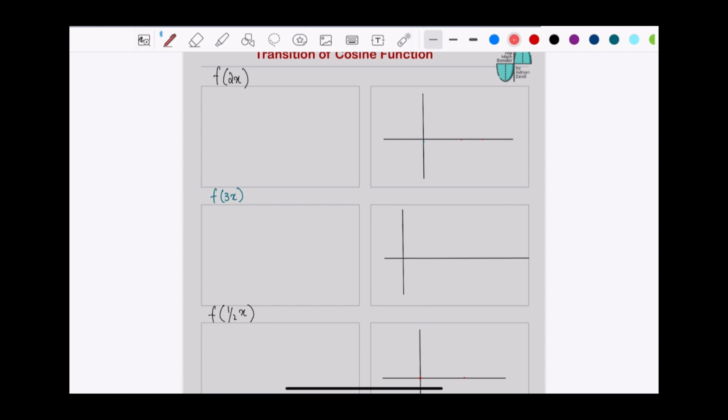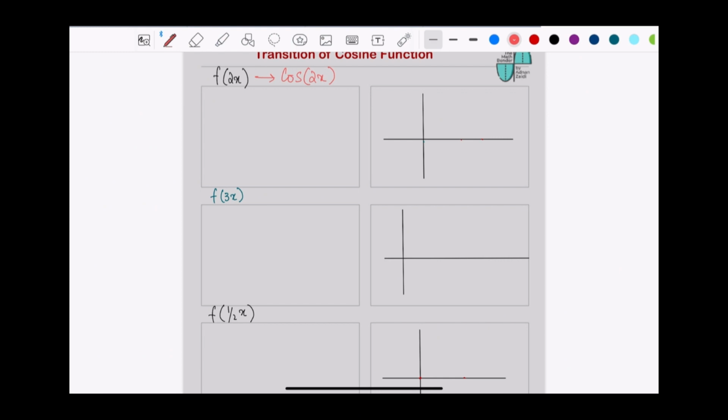So f of 2x we already established with the sine function is the shrinking of the graph, or in other words, the stretching of the graph with a scale factor of 1 over 2. The point where 90 degrees existed before in the cosine or sine curve, after the impact of f of 2x becomes cos of 2x, and that point is half.